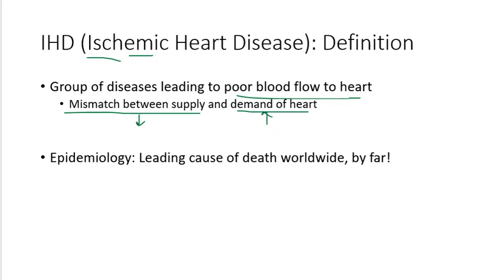As for an increased demand of the heart, this would be an example of, for example, hypertrophy. Do you remember when we spoke about hypertrophy? When the cardiac muscle gets thicker, it becomes hungrier for oxygen. That's why, when there is systemic hypertension, let's just get a picture so that you don't fall asleep or something.